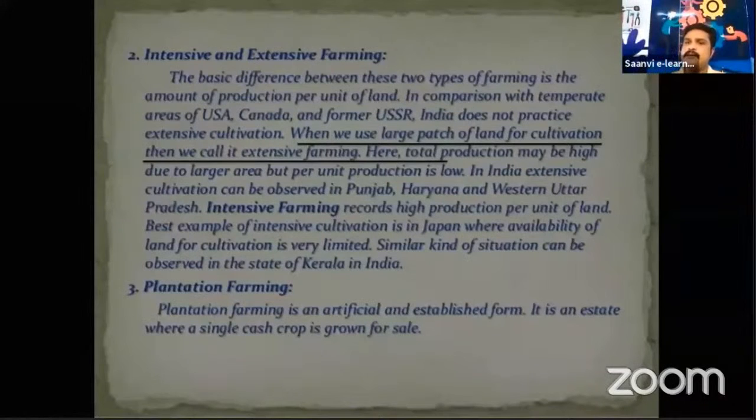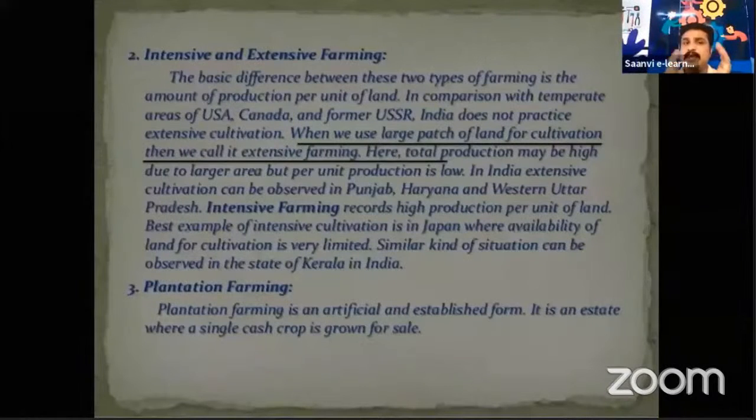Ooty, Kodaikanal, like that hilly region, where a cool climate is needed for these crops. Only one special commercial crop which gives more income. Artificial and established form, we can say.